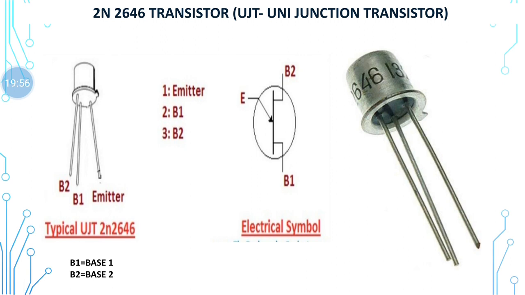Similarly, to find the emitter and bases, the lead closer to the notch is the emitter. The middle one is base 1, and the one opposite to the emitter is base 2. The symbol is shown here.